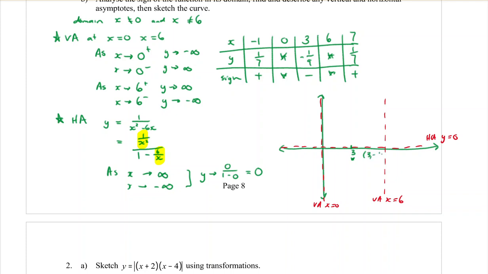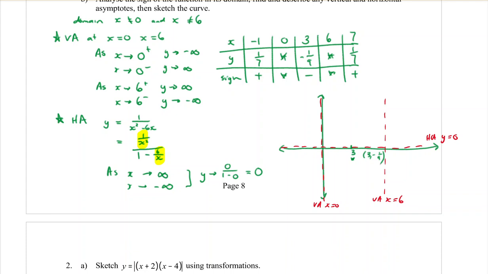So 3, -1/9. Now, if we use our table of signs and all that analysis that we did over there, when I am on this 0 asymptote, when I am on the negative side of that, I'm at positive infinity up here, so starting up high. When I'm on the other side, it's at negative infinity, so it's going to be way down low.